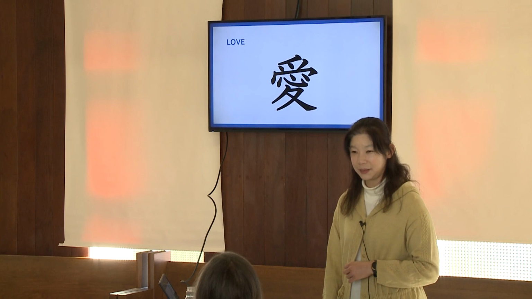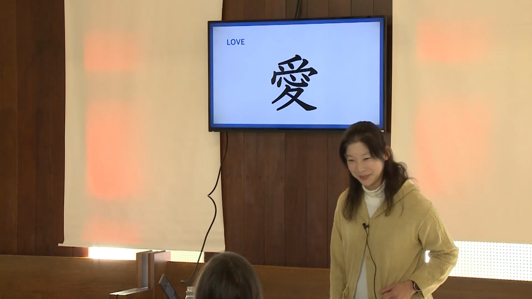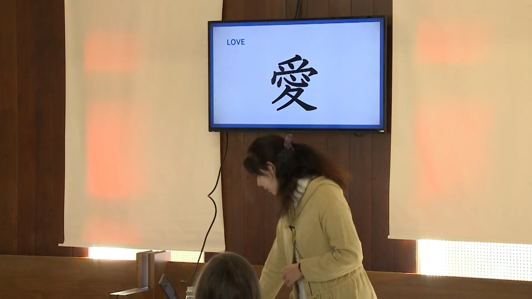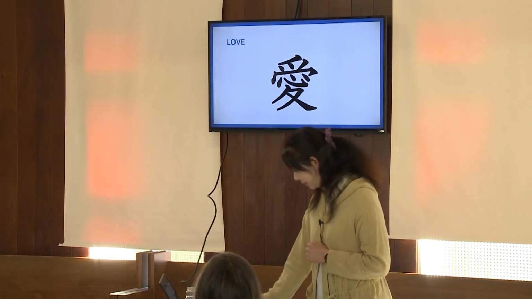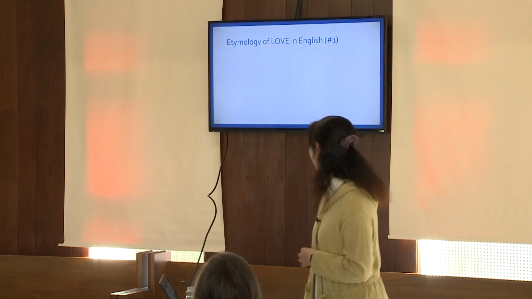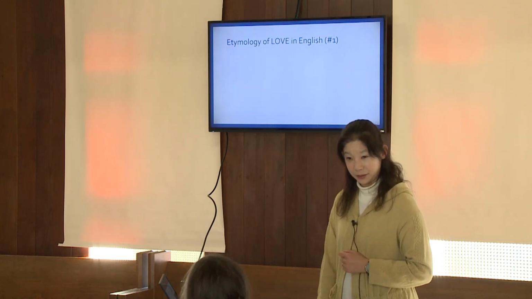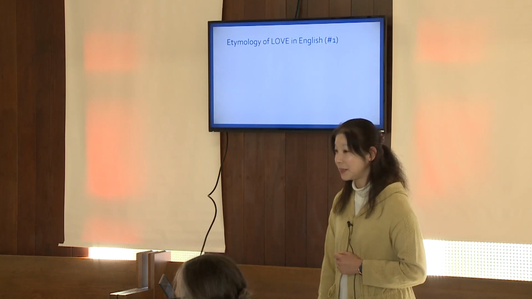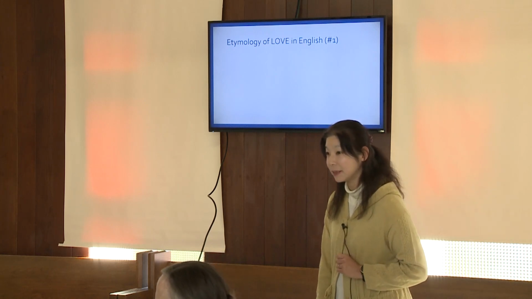And this is love. So complicated. But before going to the Chinese character, I'd like to talk a little bit about the word love in English. So what is the origin of love in English?